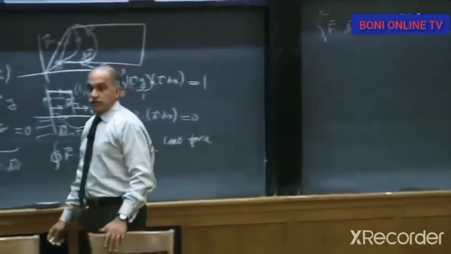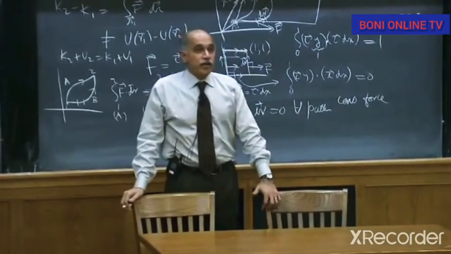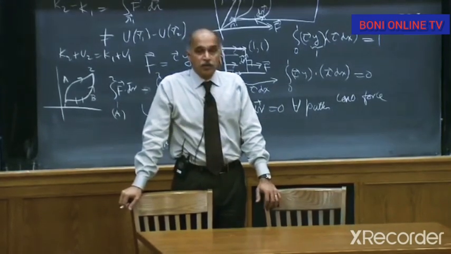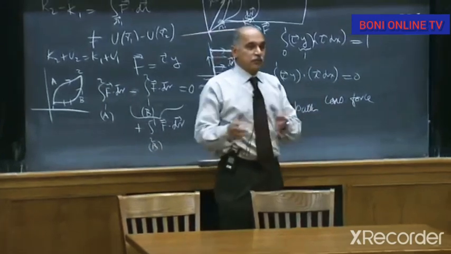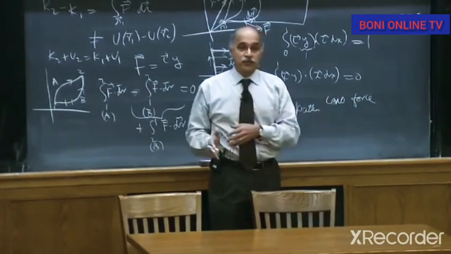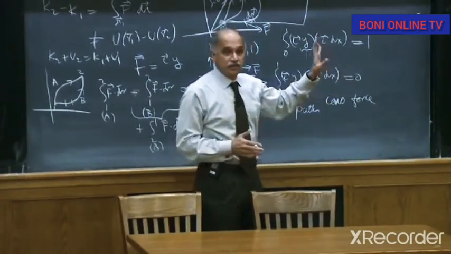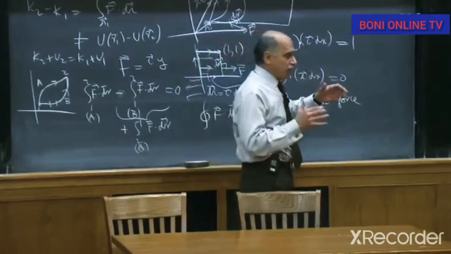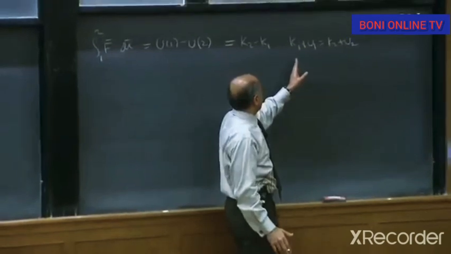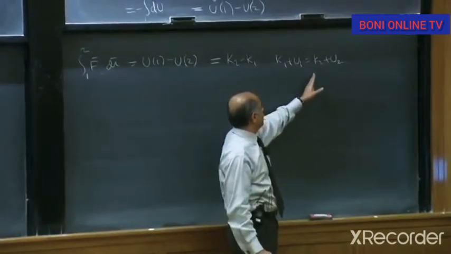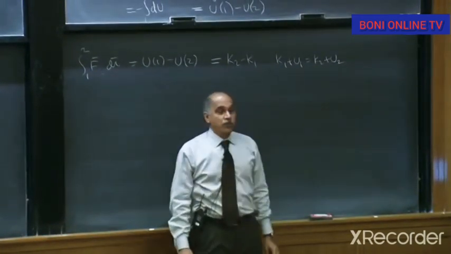In other words, the u that you began with is the potential energy for that problem. So what you're manufacturing is pairs of potentials and forces. For every u that you dream up, there's a force, which is obtained by minus the gradient of u. And in that problem, where that force is acting on particles, the energy that is conserved will be the kinetic plus the function u at the starting point will be equal to kinetic plus potential at the end point.